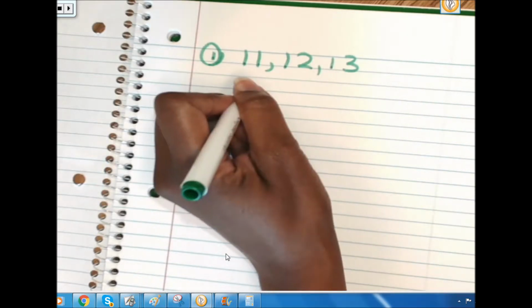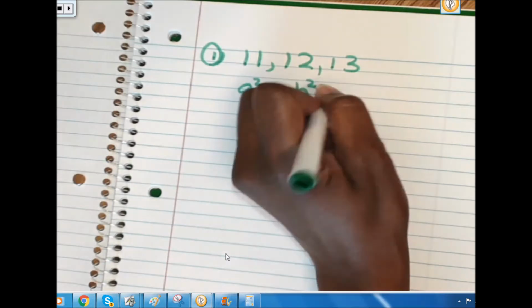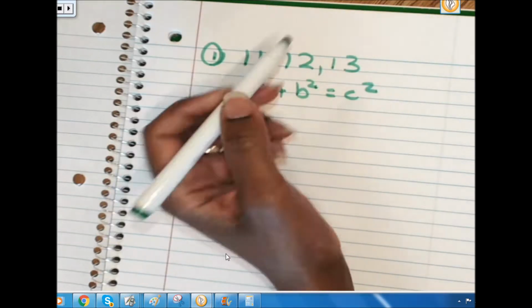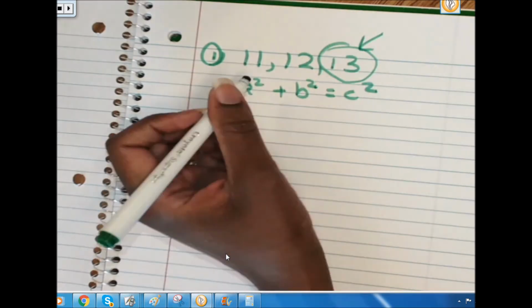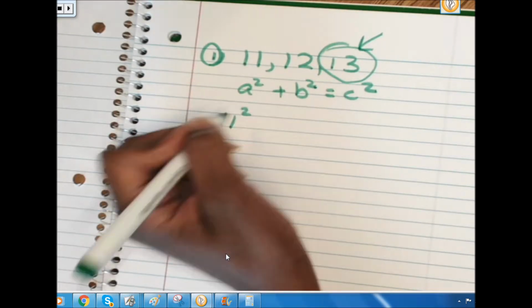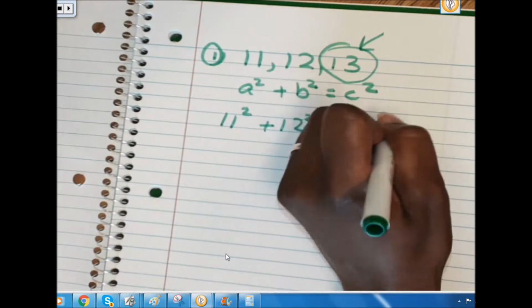So a squared plus b squared equals c squared. This is the longest side, so this is going to be the hypotenuse. So we need to see if 11 squared plus 12 squared equals 13 squared.